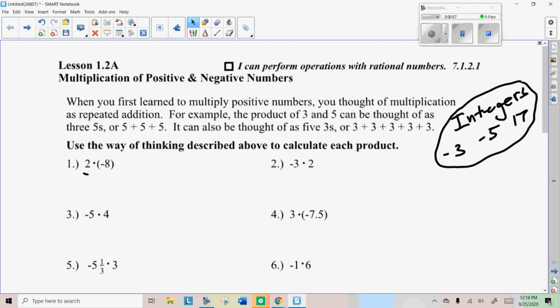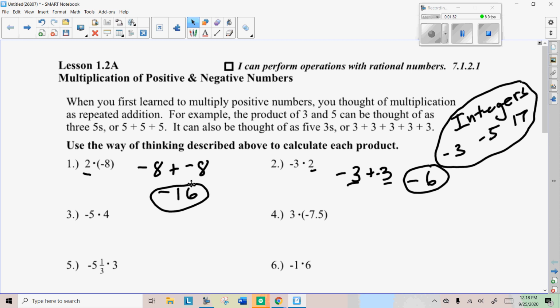So when you see 2 times -8, another way you can think of that is -8 plus -8, which in the last unit we found out adding two negatives just makes it more negative, and you end up with -16. So here we want -3 two times. So that means we want -3 plus -3, which we're just going to total up all those negatives and we get -6.